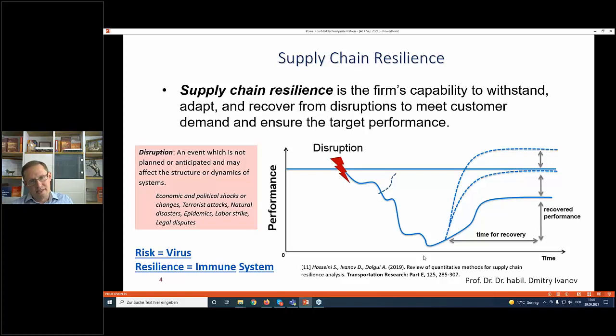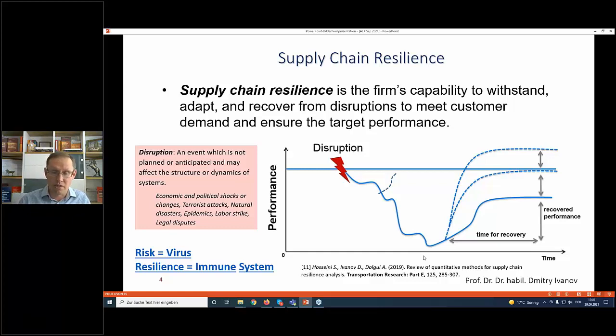To start with supply chain resilience, it's the company's capability to withstand, adapt, and recover from disruptions to meet customer demand and ensure some target performance. Now, if we compare risk and resilience with, say, our immune systems and viruses, which we confront every day, one can say that risk is a kind of virus, and resilience is an immune system of a supply chain, right?